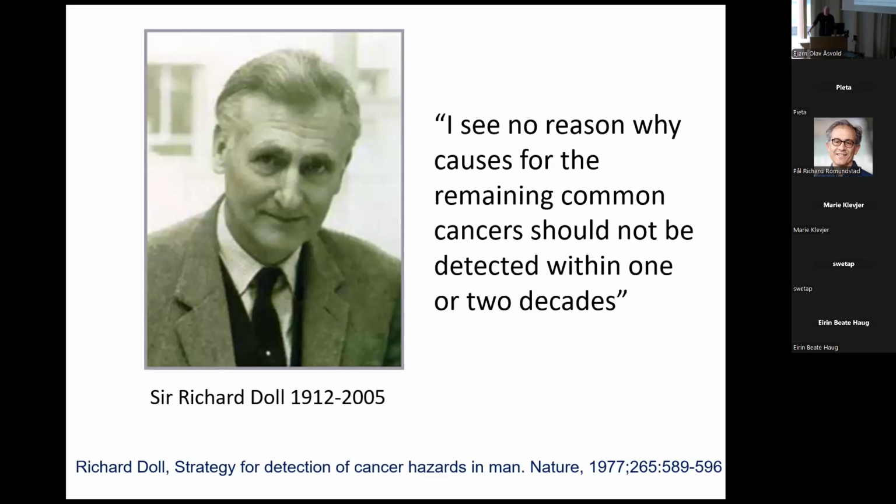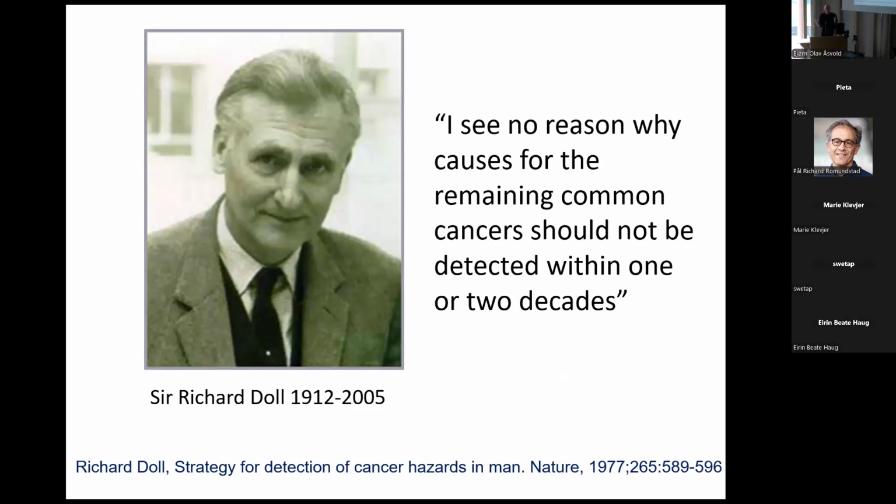And Richard Doll in 1977, in a review in Nature, an excellent review, said, "I can see no reason why the causes for the remaining common cancers should not be detected within 1 or 2 decades."